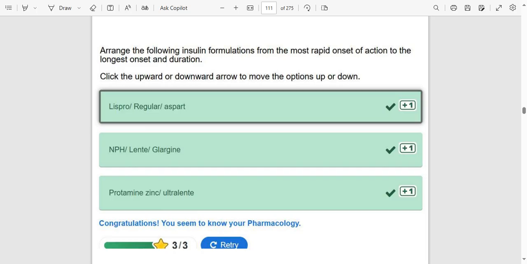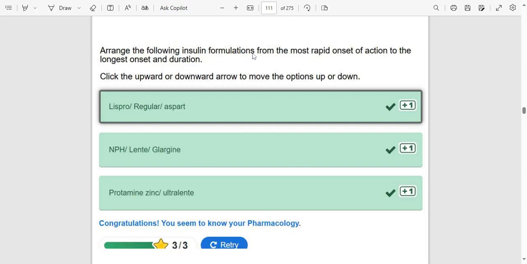For the slow ones, you can remember them by using SUP: S for slow, U for Ultralente, and P for protamine. For the intermediate, don't forget that there is Lente and NPH. And then what remains is the rapid acting.